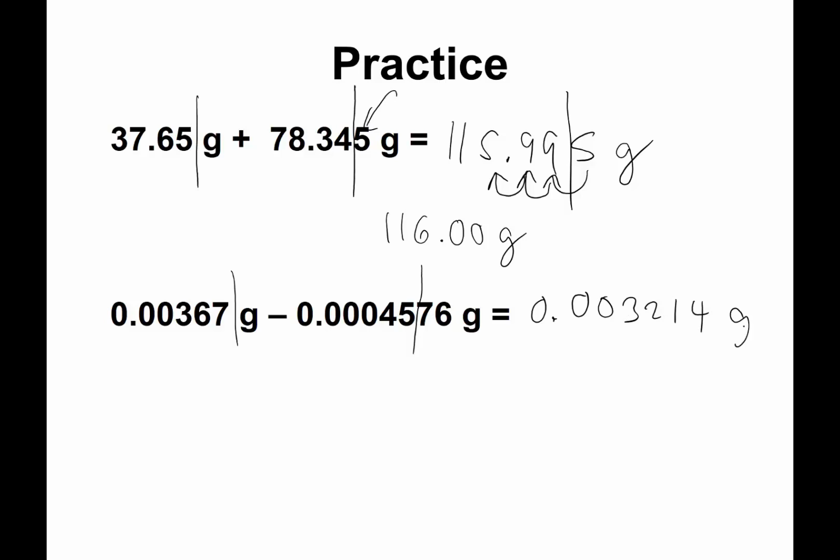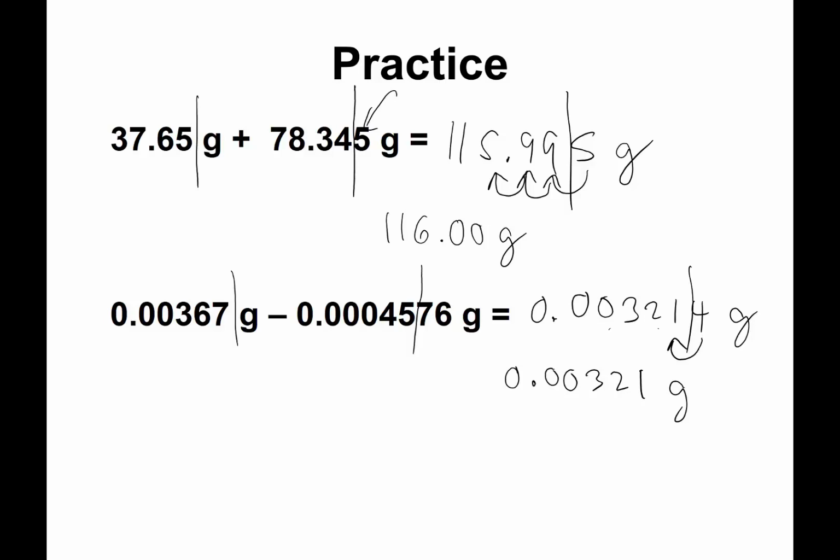The units are going to be in grams, but we can only go up to the 5th one here, right? So 1, 2, 3, 4, 5. So the number is going to be 0.00321 grams. See, this one you round down.